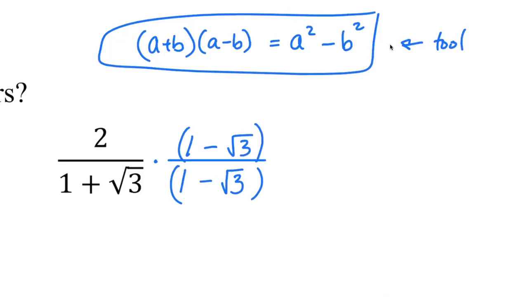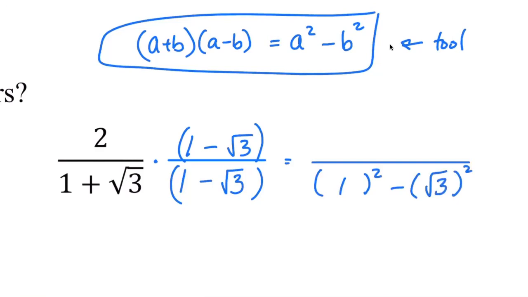And why do we say 1 minus root 3? Because it's like A plus B times A minus B. That's how you look at this. And what's the benefit of doing so? Well, we know A plus B times A minus B would give us A squared minus B squared. What's A? Oh, it's the 1. What's B? Oh, it is the root 3.